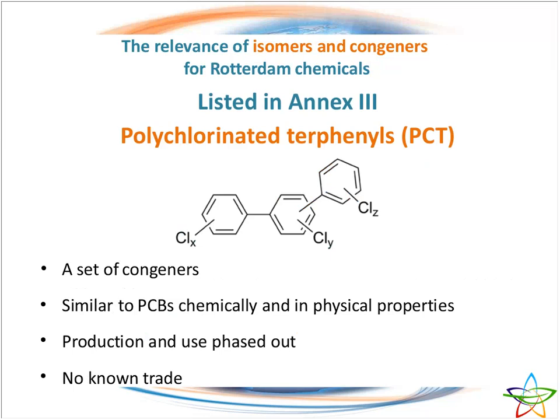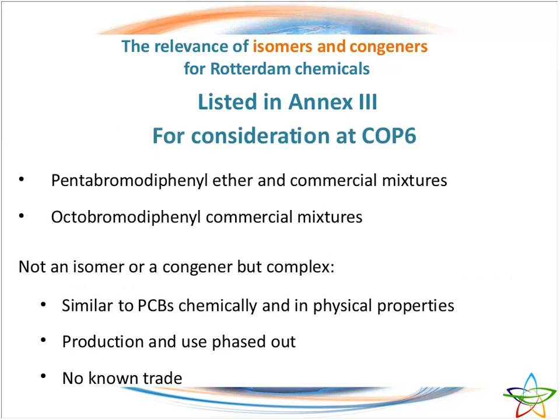And it is similar to the PCB in chemical and physical properties. The production has been phased out, which means the use has also been phased out. And to date, we have no known trade on this compound.